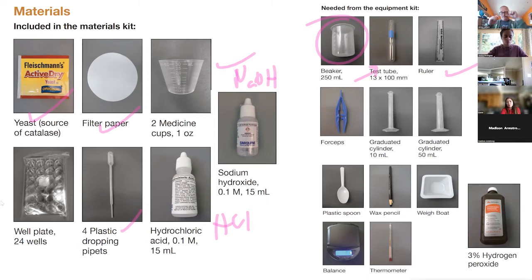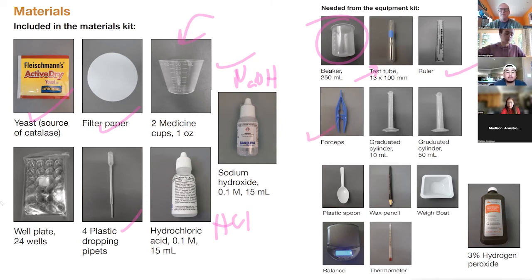The ruler, because you want to be measuring how deep the solution is that you push the disc to the bottom, because that's the distance we're going to be measuring. We're going to be putting the discs in one of these medicine cups. How deep it is for it to move from the bottom to the top of the solution.